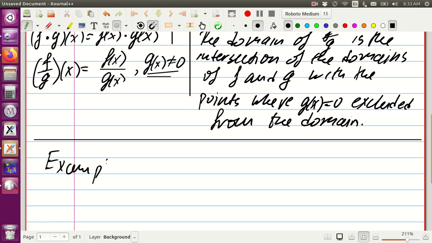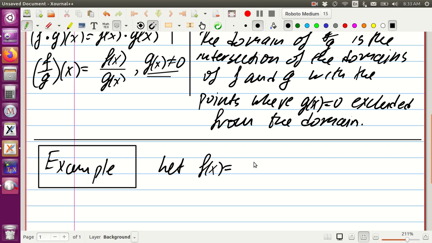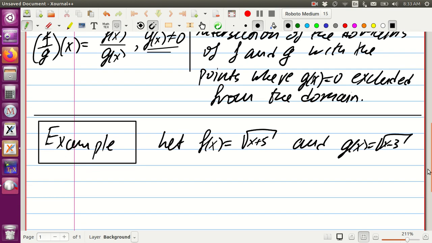So the first example we're going to do is the following. Let f of x be equal to the square root of x plus 5 and g of x be equal to the square root of x minus 3. So first of all, we would like to find the domain of f and g.